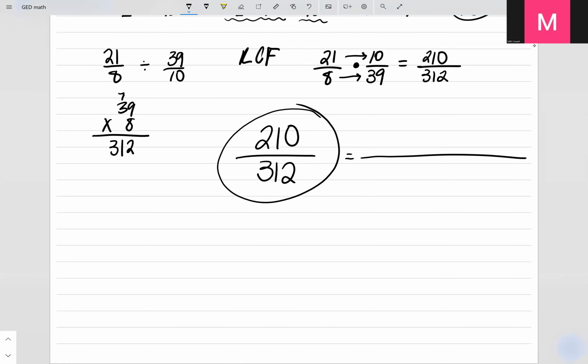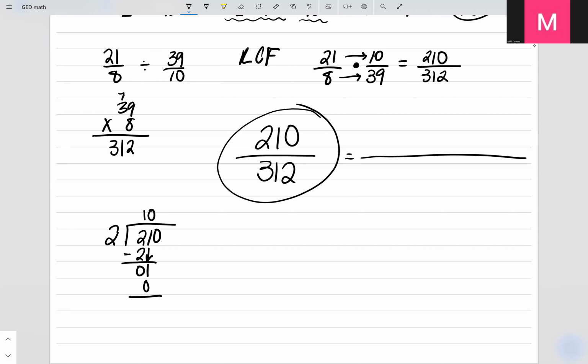So we want to start with dividing 210 by the smallest prime number possible, which is 2. So dividing that, 1 times 2, 2. Subtract, that equals 0. Bring down the 1.